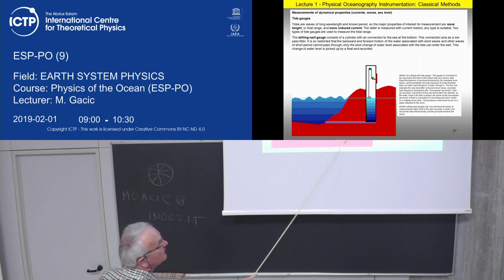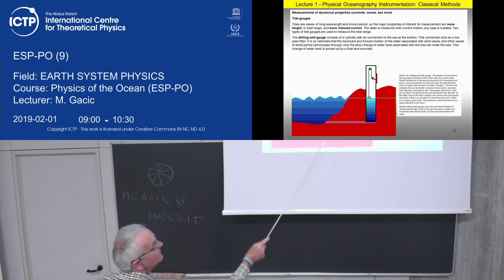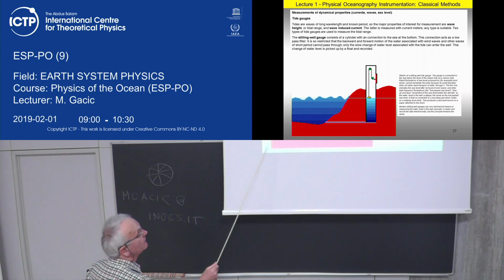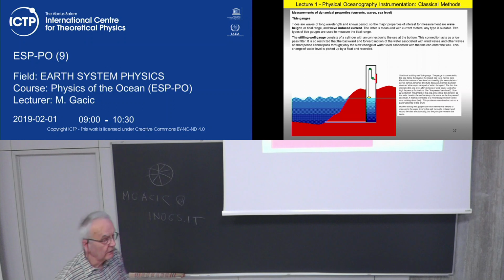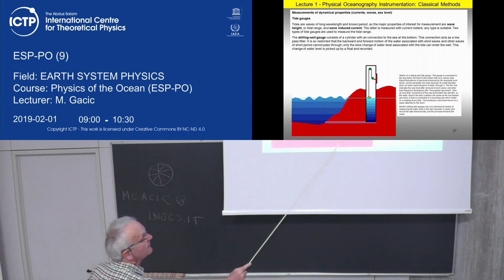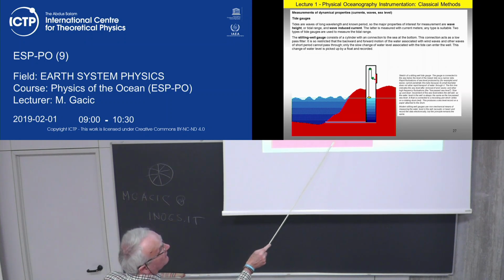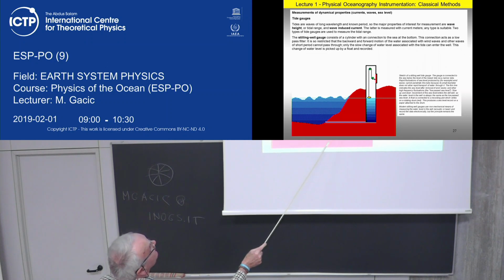You have to have only the vertical movement of the sea surface due to the tides, without any noise due to the surface wind waves. So it's connected with the open sea.